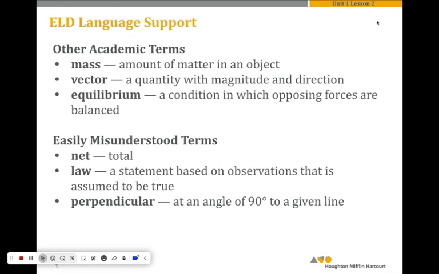And we'll be using the word net, which might be misunderstood as a net, but when we say net, we mean the total. And a law is a statement based on observations that's assumed to be true. So we're going to think of scientific laws, and remember the word perpendicular, which is 90 degrees to a given line.